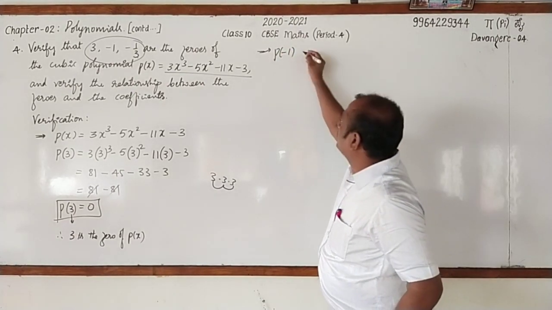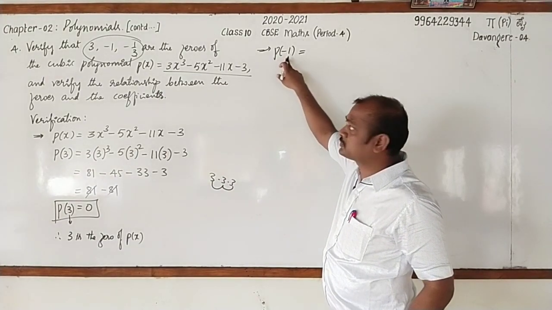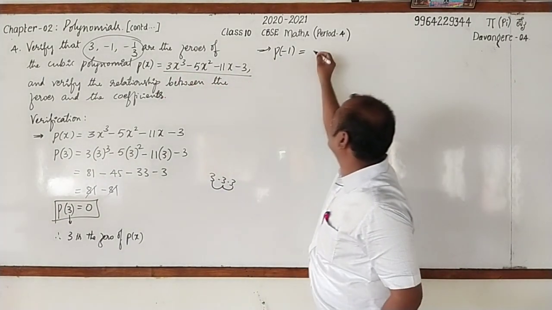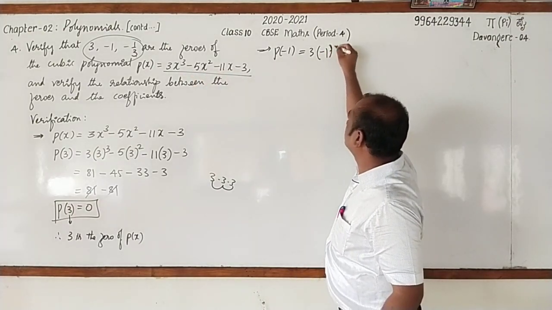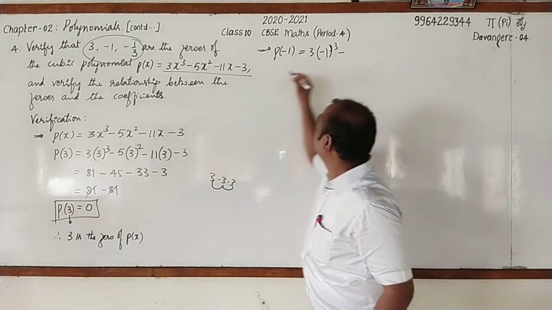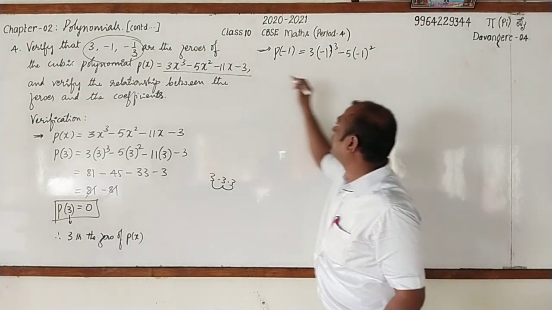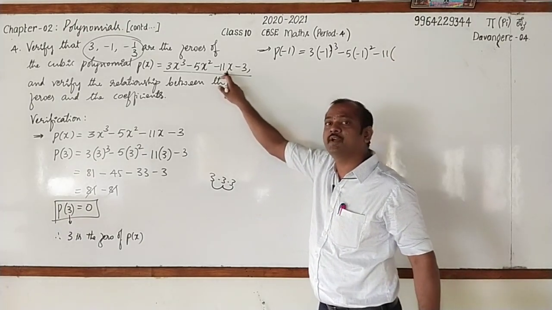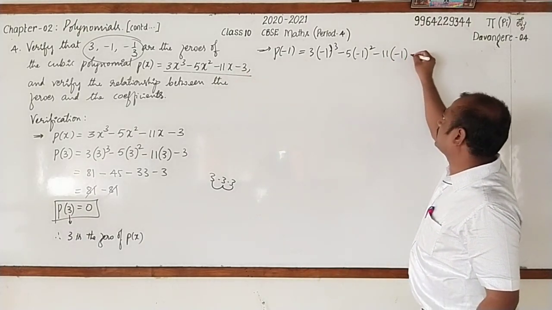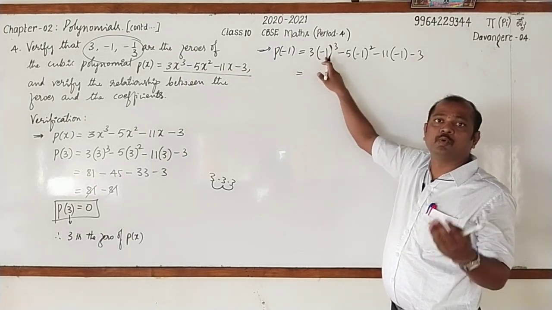P(−1) is equal to, now you are going to substitute minus 1 in place of x. Here 3 into (−1) cubed, minus 5 into (−1) squared, minus 11 into, what should be written in place of x? It is minus 1. What is (−1) cubed?